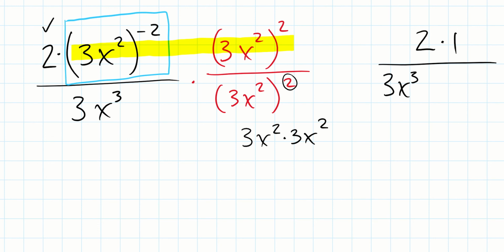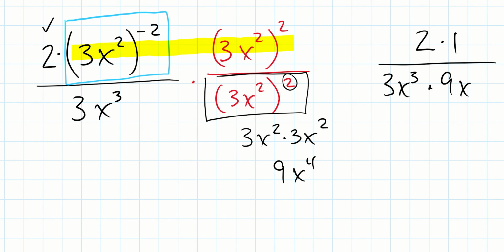3 times 3 is the number 9. X squared times x squared is x to the 4th power. So this 3x squared, that entire quantity squared, can be rewritten as 9x to the 4th power.